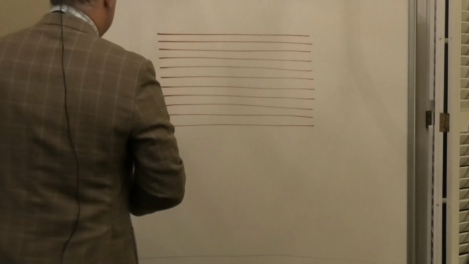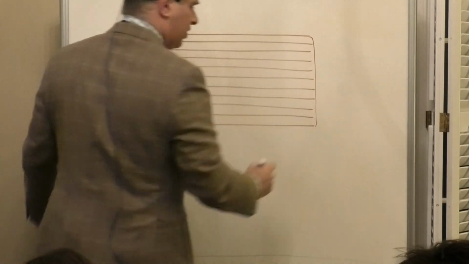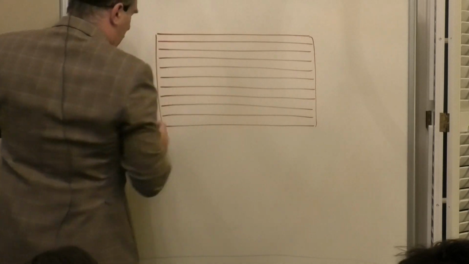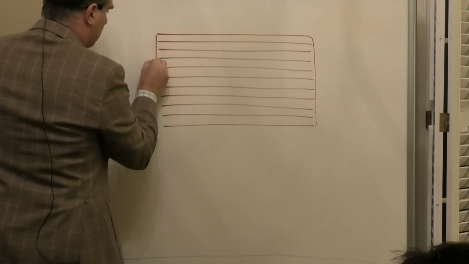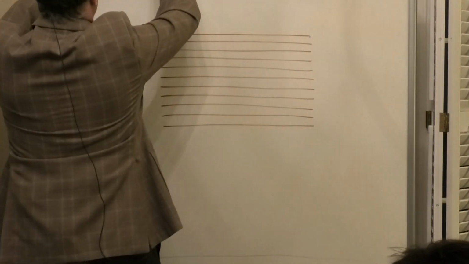There are 11 lines in the staff. Now in your book, you'll have to connect this bar line. Let me draw the bar line in blue. Actually, I like to use blue for the bar line.